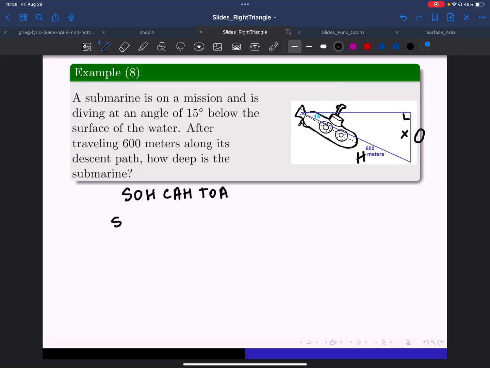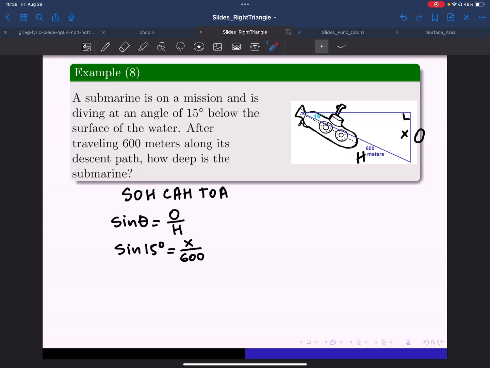So sine theta is equal to opposite over hypotenuse. Now we substitute what we have been given. Sine 15 degrees is equal to x over 600 meters. My theta, the angle, is given. My opposite is x. My hypotenuse is 600.